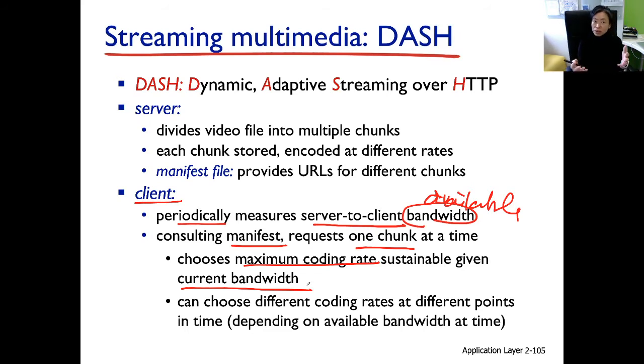So measure periodically the available bandwidth, and pick the version of the chunk such that the rate is right below the limit. At different points in time, if the available bandwidth gets back up again, then you pick a better rate. Otherwise, if the available bandwidth drops, pick a lower rate. So you choose a different coding rate depending on the available bandwidth at the given point in time.